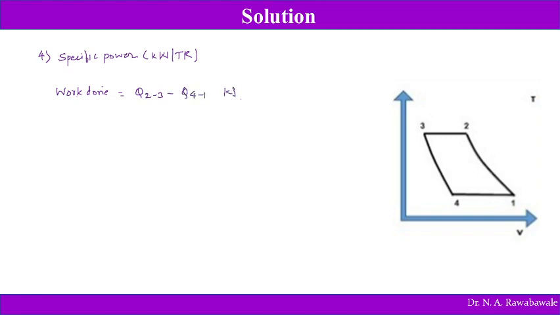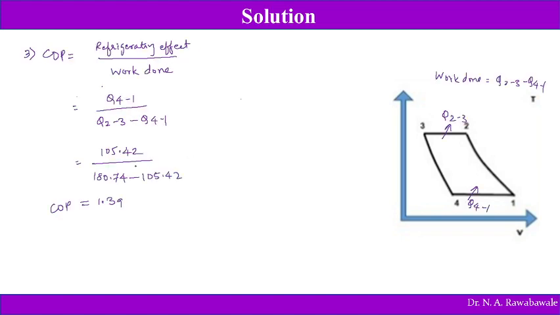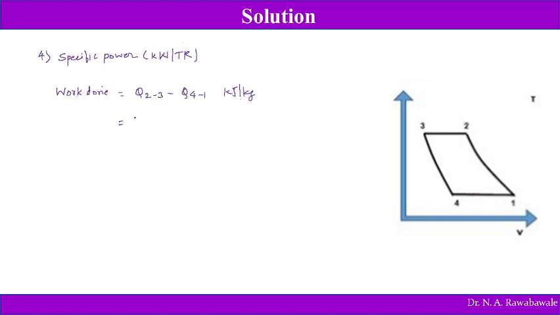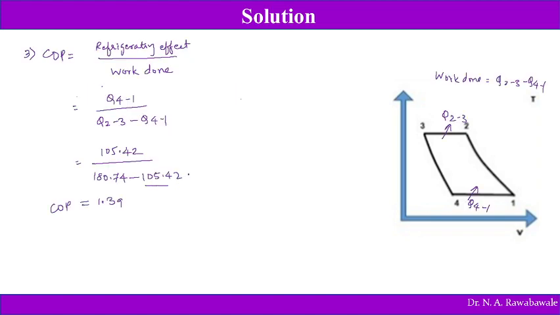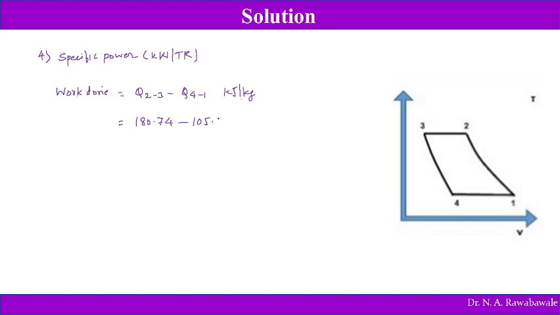This will be in kilojoules per kg. Q23 is 180.74 minus Q41 is 105.42. This is work done in kilojoules per kg, which is 75.32 kilojoules per kg.